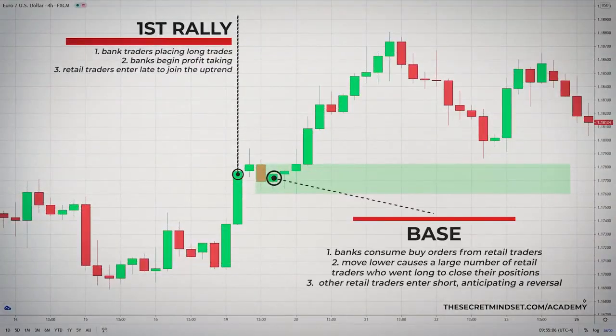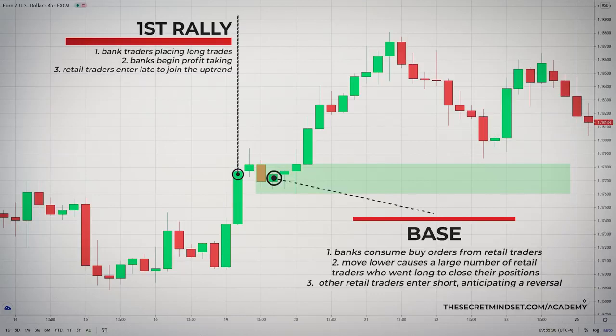This consumption of buy orders means that the market makes a small move lower and creates the base of the potential demand zone. The move lower causes a large number of retail traders who went long on the rally higher to close their trades at a loss, which puts a lot of sell orders into the market.